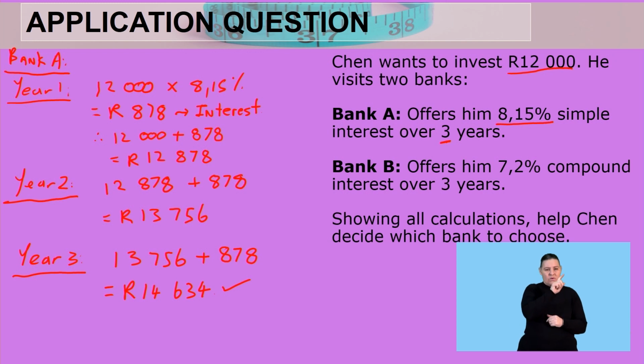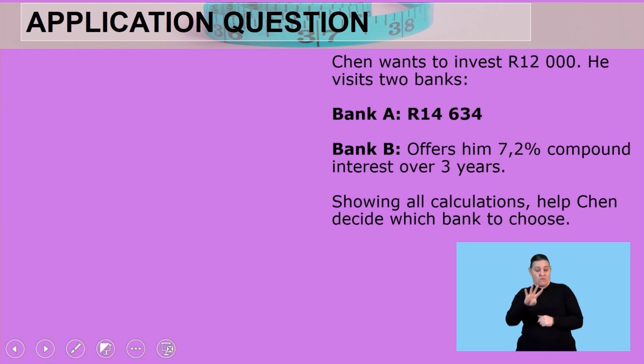Let's look at Bank B. Now remember, Bank B is using compound interest. So we have 12,000 Rand still. Now the interest rate is 7.2%, and we're going for 3 years. Let's see what we've got to do there.